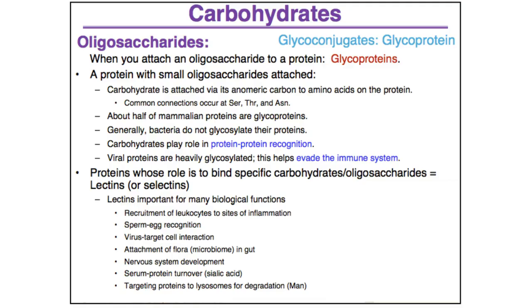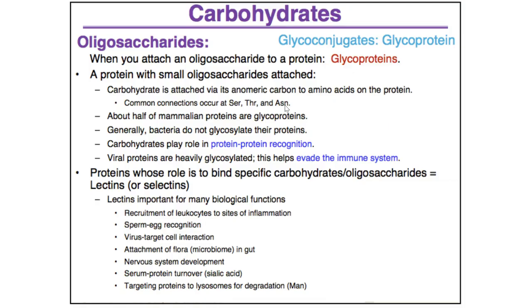In a protein with small oligosaccharides attached, the carbohydrate is attached via its anomeric carbon to an amino acid on the protein, and common connections are the amino acids listed here. About half of mammalian proteins are glycoproteins in general.